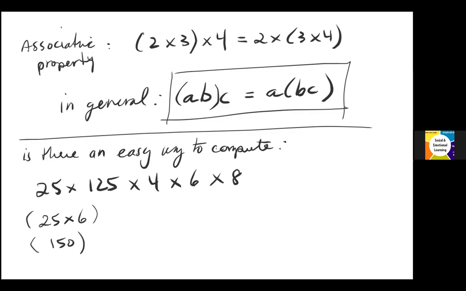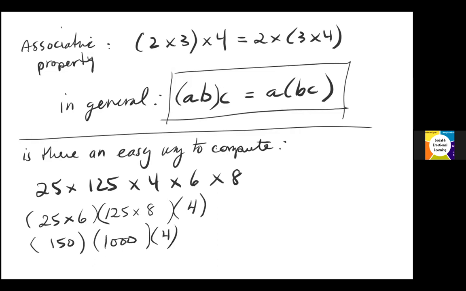What would be another pairing that would be good? 125 times 8 is 1,000. 125 times 8 is 1,000, exactly. So for that one, we would have 4 left over.